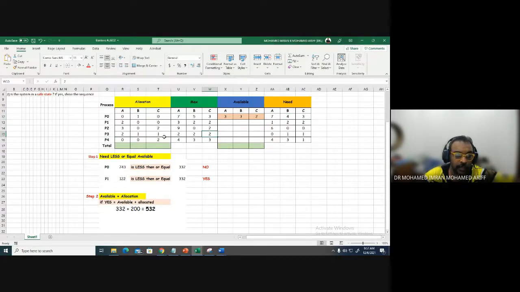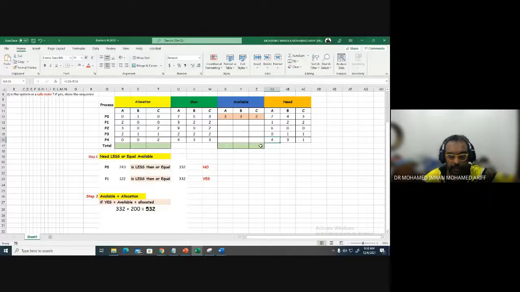Tetapi at this moment, we only give 1 saja. So, it needs another more 1 to complete. P3 perlukan 2 daripada resource B. At this moment, we only give it 1 saja. So, dia perlukan lagi 1 untuk complete. P4 perlukan 4 resource A, but at the moment, we only give it 0. So, it needs another 4 to complete.